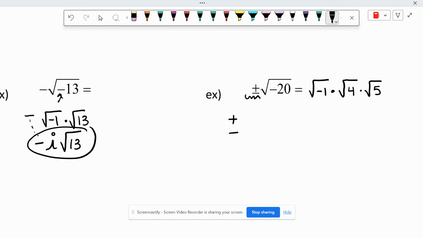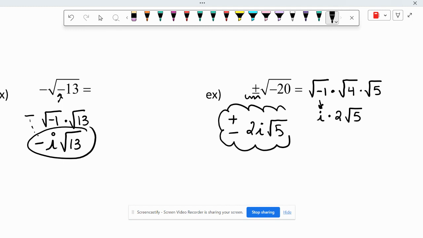We know that the square root of negative 1 is I, and the square root of 4 is 2, and we cannot simplify the square root of 5. I times 2 is 2i. So I have plus or minus 2i times the square root of 5. Does that make sense?